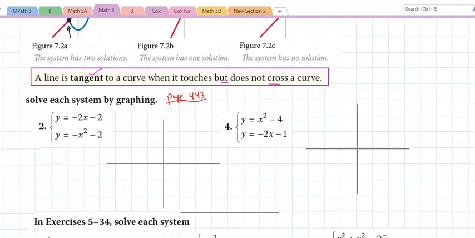The first set of problems says solve by graphing. We could do that. We know how to graph a line. I'm going to start at -2. That's a point. I'm going to rise 2 down, 1 to the right. Draw my line, and let's go with purple and blue. Blue for the line.